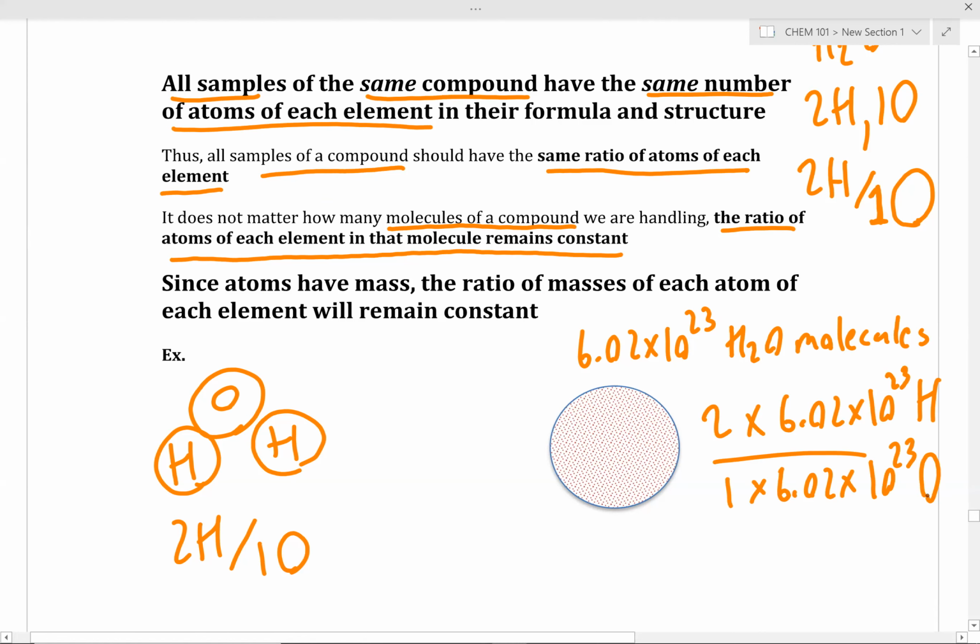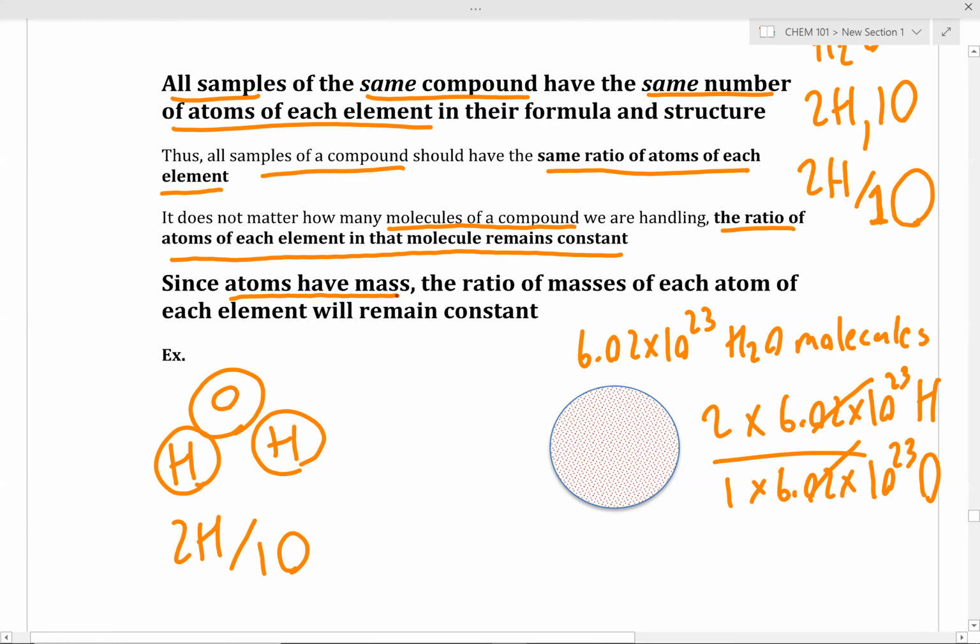Now, even though we're looking at a larger number of atoms, as we see, the ratio is still the same, still 2 to 1.